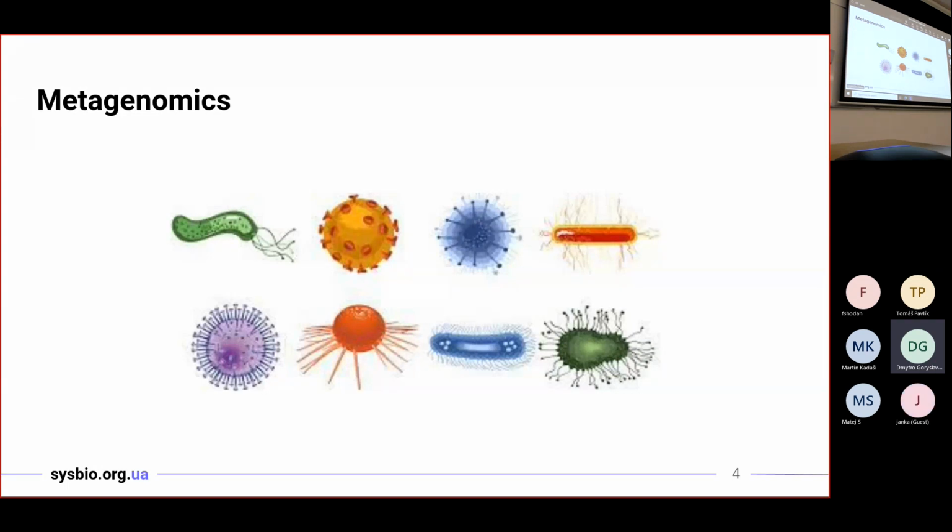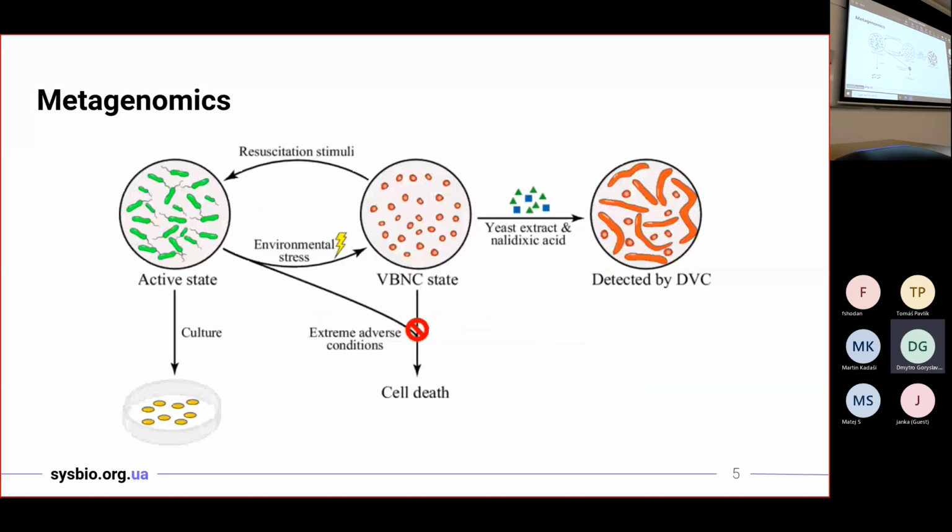But the vast majority of bacteria cannot actually be cultivated, because as they are collected and appear in laboratory conditions, they enter the so-called viable but not culturable state. It is believed that it is their response to environmental stress. They remain alive in this state, but they cannot be cultivated.